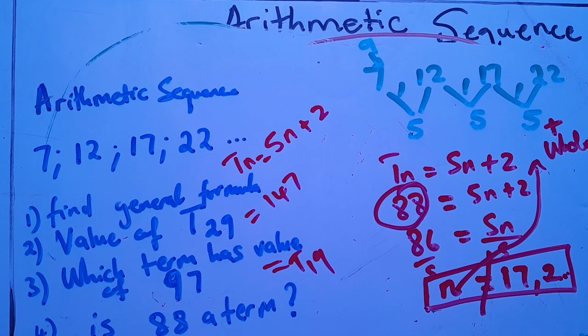So this value of n must always be a whole number, and also it must be positive. So 88 is not a term in this sequence because it gave us a fraction, 17 point something. Just like that. This is how you solve the arithmetic sequence.